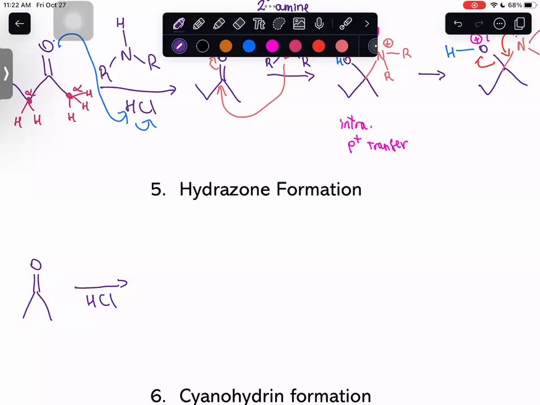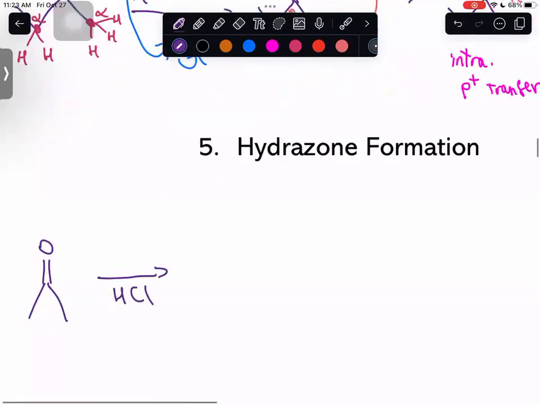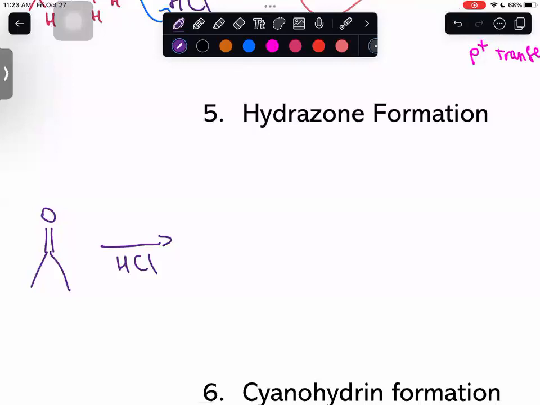Hydrazine. Diamine. Yeah, technically, yes, it would be a diamine, but more specifically, the name of the reagent is hydrazine. Okay, keep that in mind: hydrazine, reagent; hydrazone, product.